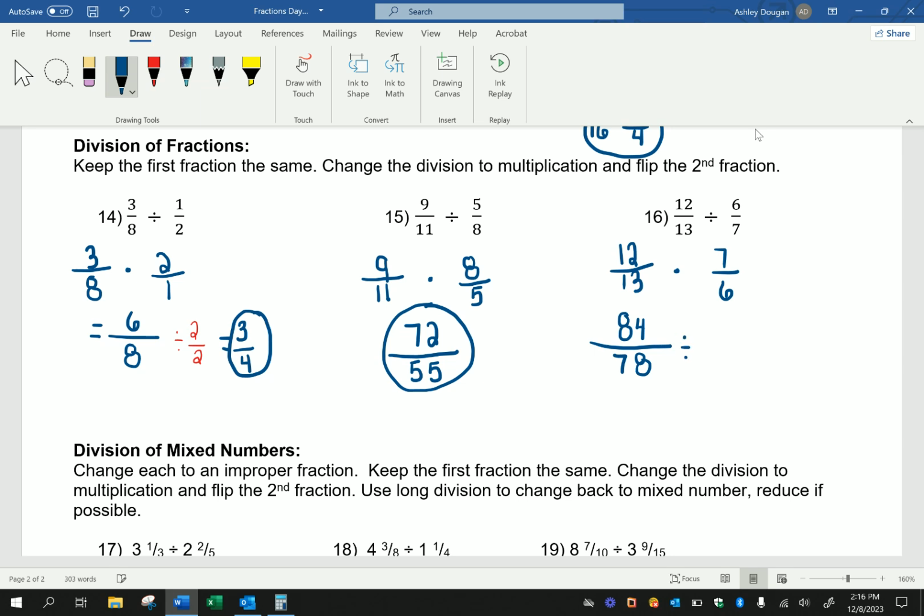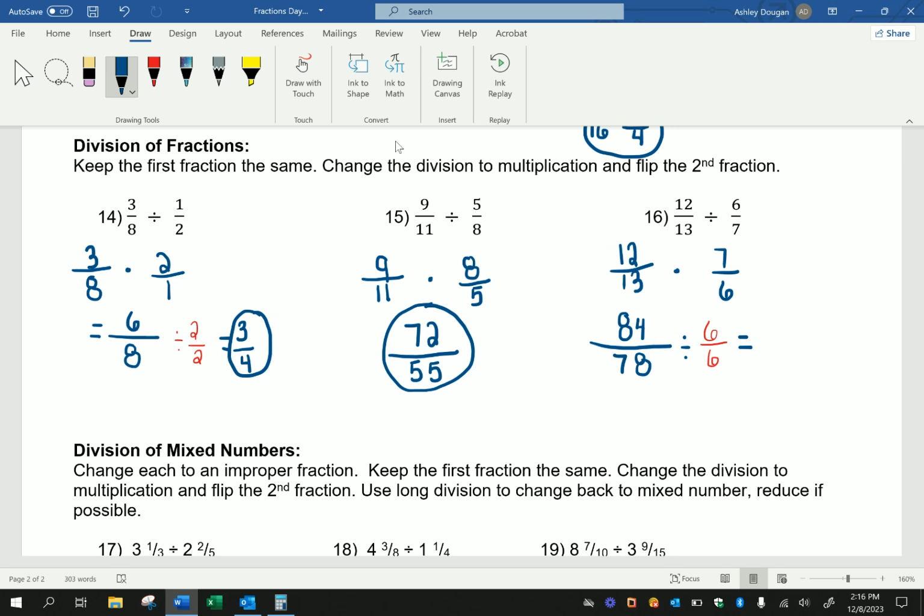And so I could reduce the top and bottom by 6. And again, if you're not sure, it's just kind of guess and check. What are some numbers that divide evenly into 84? Once you find one, see if it also divides evenly into 78. But we know if they're both even, we can at least reduce it by 2. We know that that will work.